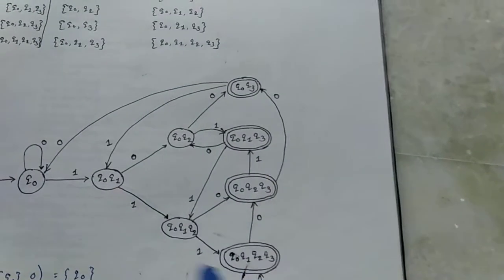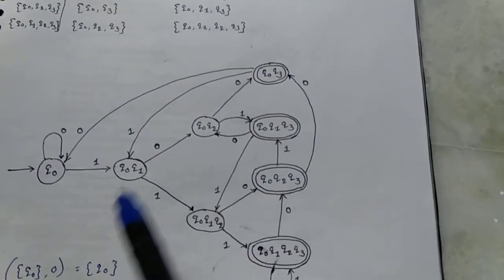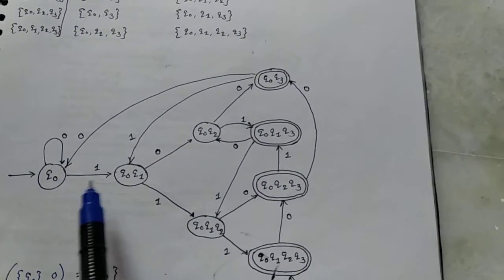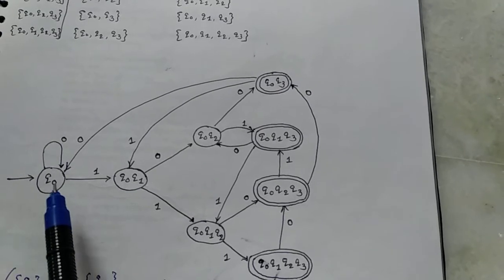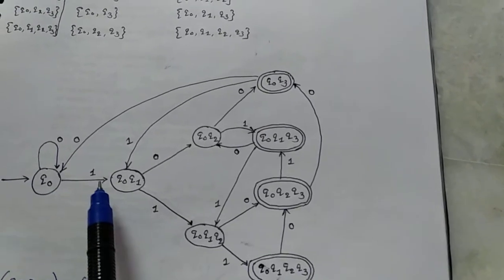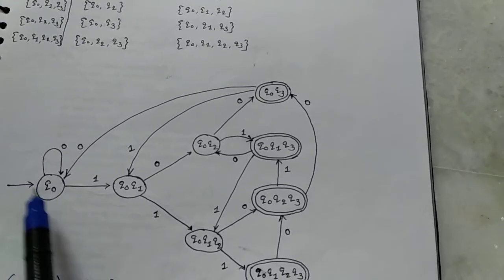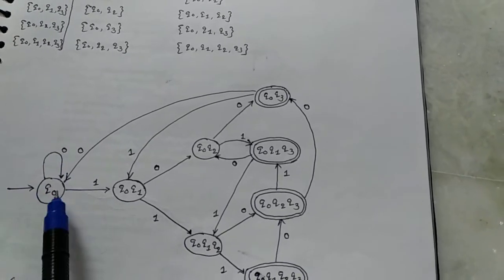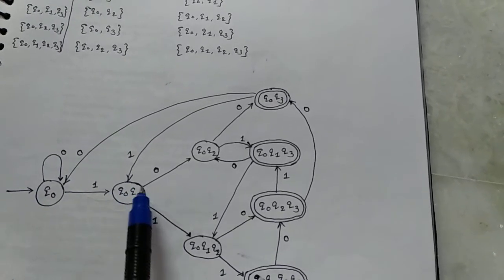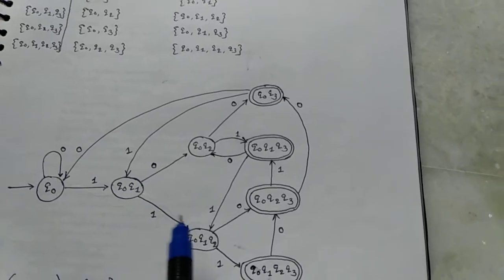After converting it into FA, there is no multiple input. For each and every state there is a 0 input and a 1 input, for example for Q0 and for Q0, Q1, Q2.